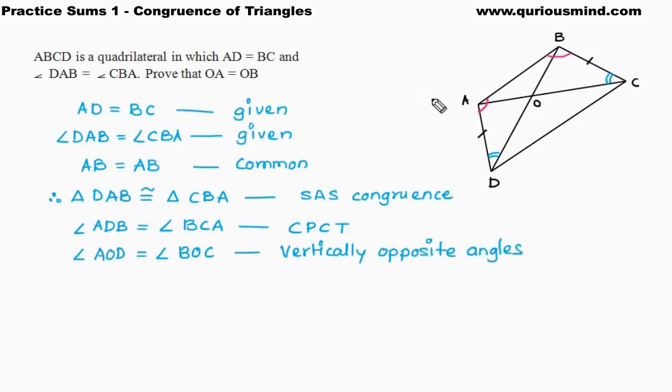And since these two angles are equal, that means the third angle, which is OAD, is going to be equal to OBC, because we know the sum of three angles is 180. If the two angles are equal with the corresponding two angles of this triangle, then the third angle also has to be same. And therefore, this is angle sum property, using angle sum property.